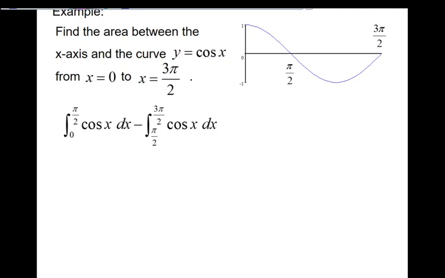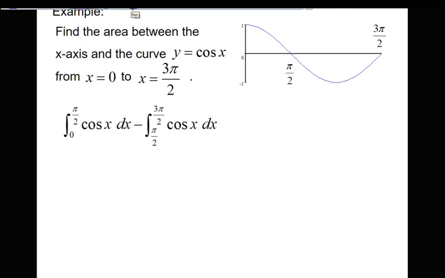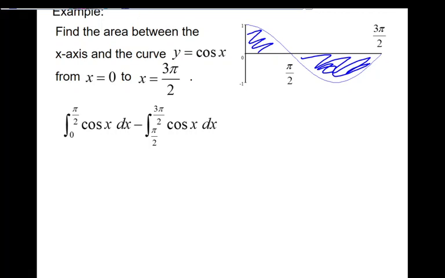Well, if we do this area here and this area here, okay? If I had done it just from 0 to 3 pi over 2, it would have given me displacement, not distance, and it would have turned that area negative. So I had to split it up so that it would become positive. But it works just the same.